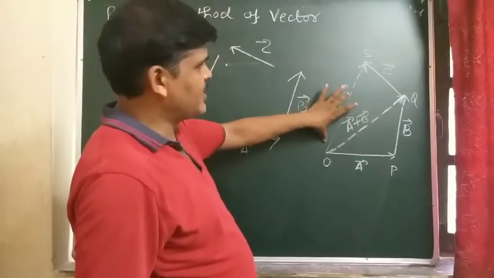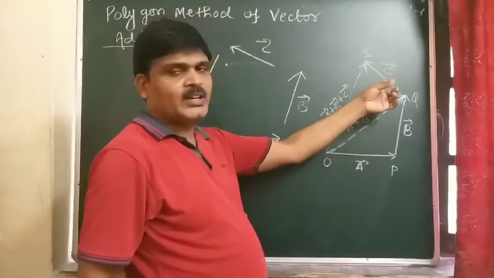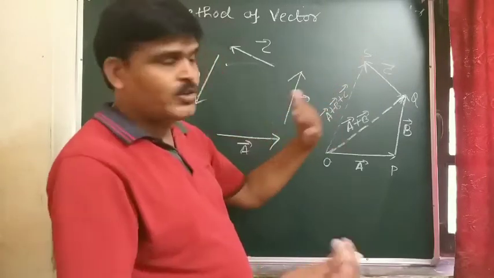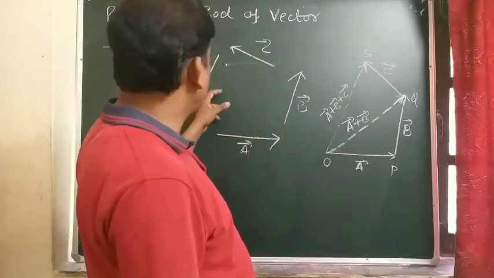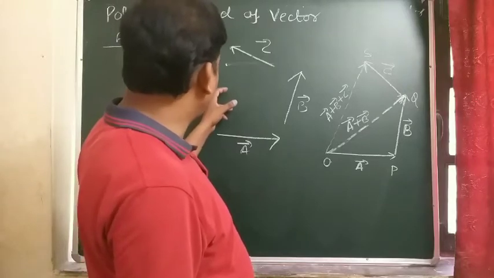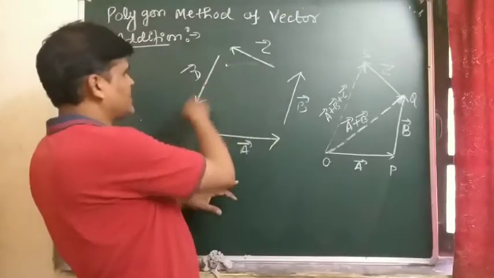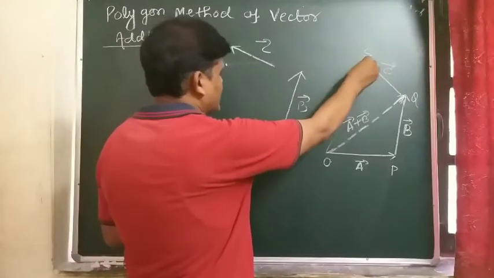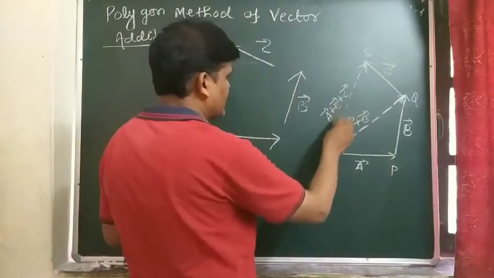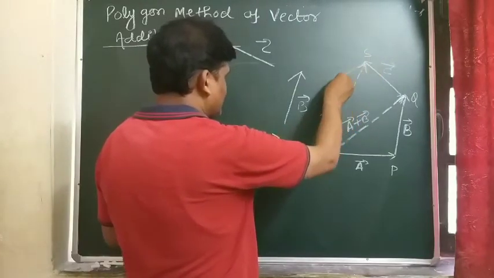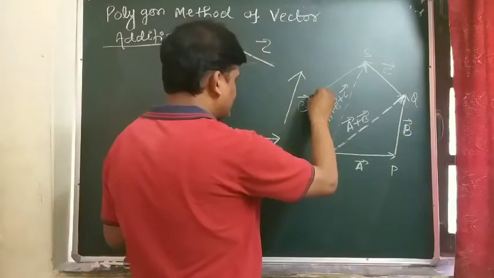Now this resultant of vector A plus vector B and vector C, the resultant OS vector, is itself a new vector, and we have to add vector D. So student, now the direction of vector D is in this direction. So the first vector is vector A plus vector B plus vector C, and now vector D in this direction.